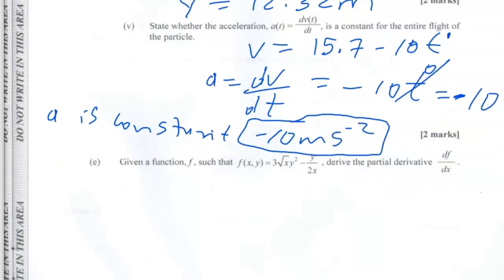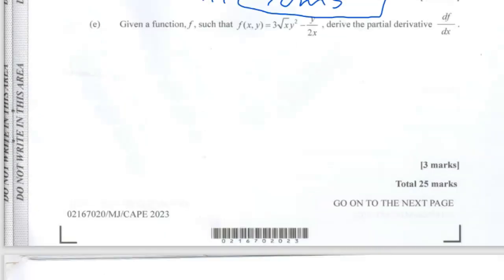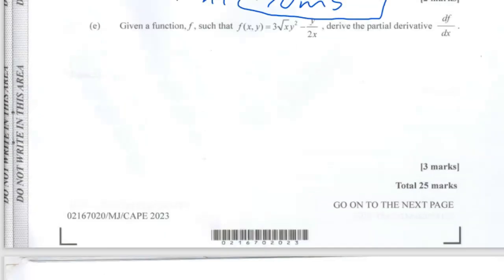Alright, part E. Given a function f such that f of x, y, so f is written in terms of two variables, x and y, 3 root x times y squared.